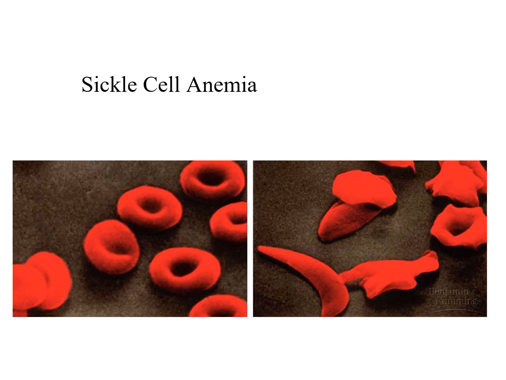You could have anemia from a dietary deficiency, or you could have this inherited version where abnormal hemoglobin causes the blood cells to curve, right, to be shaped like a sickle. So if you are homozygous for the sickle cell mutation, you have sickle cell anemia.